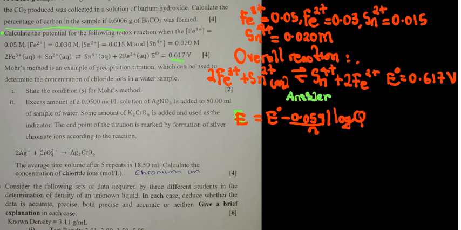The Q here represents the concentrations of the products over the reactants. We've already been given everything here. We've been given the value of E as 0.617, and we've been given the values for Q. Q will be equal to the products of that chemical reaction over the reactants.